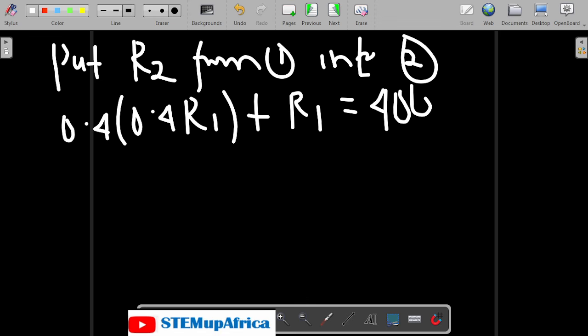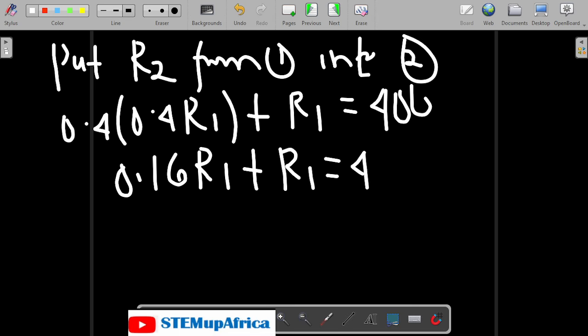If I multiply 0.4 times 0.4, that will give us 0.16 R1 plus R1 equals 400.